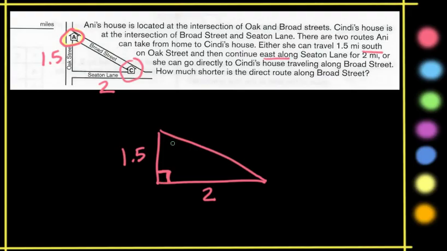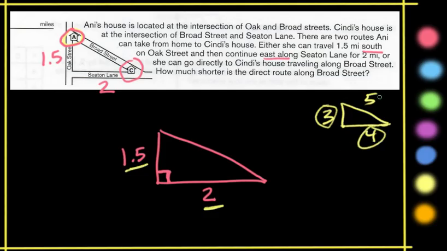And if you happen to know your Pythagorean triples, you might recognize these numbers. This is half of 3 and this is half of 4. So this is kind of like a 3, 4, 5 triangle, right? Except it's just cut in half. So this one is cut in half to 1.5. This one's cut in half to 2. So this distance, x, is going to be half of the 5, which is equal to 2.5.